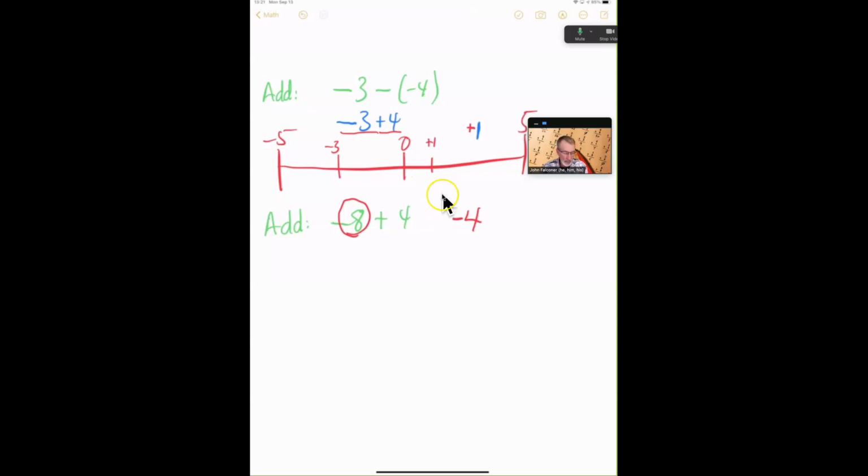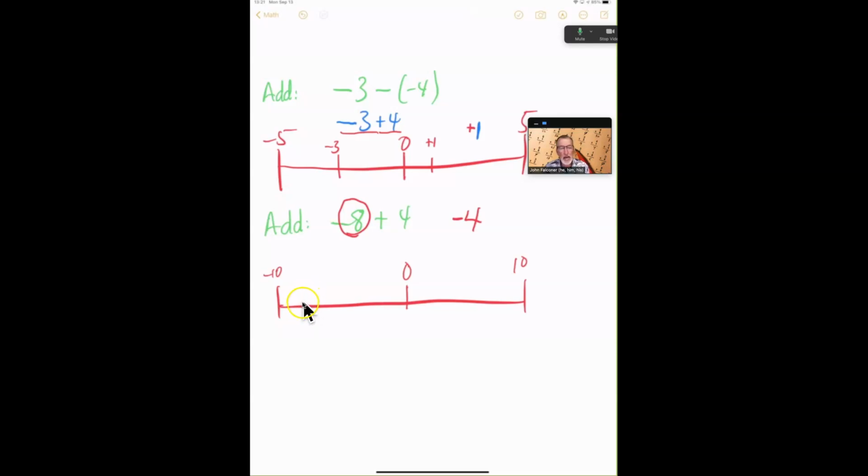For the second problem, we'll do the same size number line approximately, but have the scale different. We have 10 and -10. So -8 plus 4. As usual, you're going to start at -8. First number is your starting point. And then you're going to add 4. I can see my tablet isn't updating, but -8 is right here.